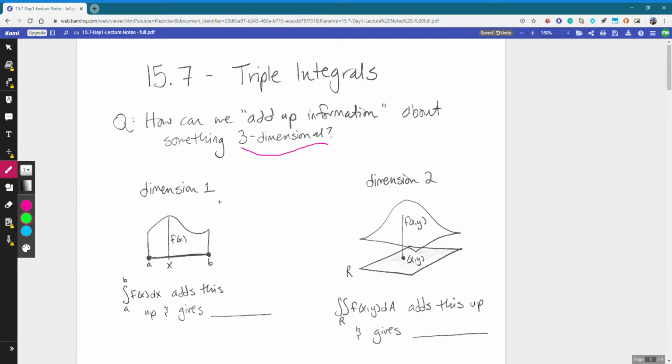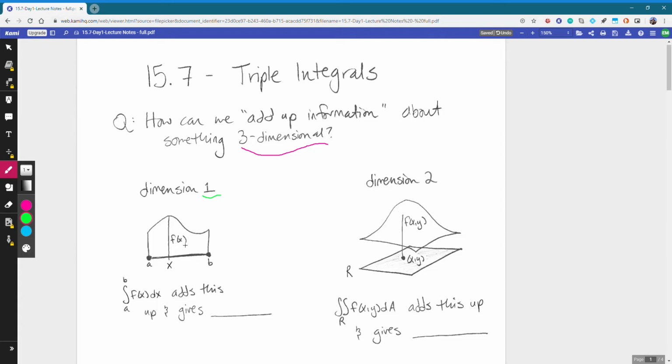So in dimension one, if we have something one-dimensional, like say this interval from A to B, we might have some information about each point on this interval. So at this x, we have some info there. That information we can write as a function, right?